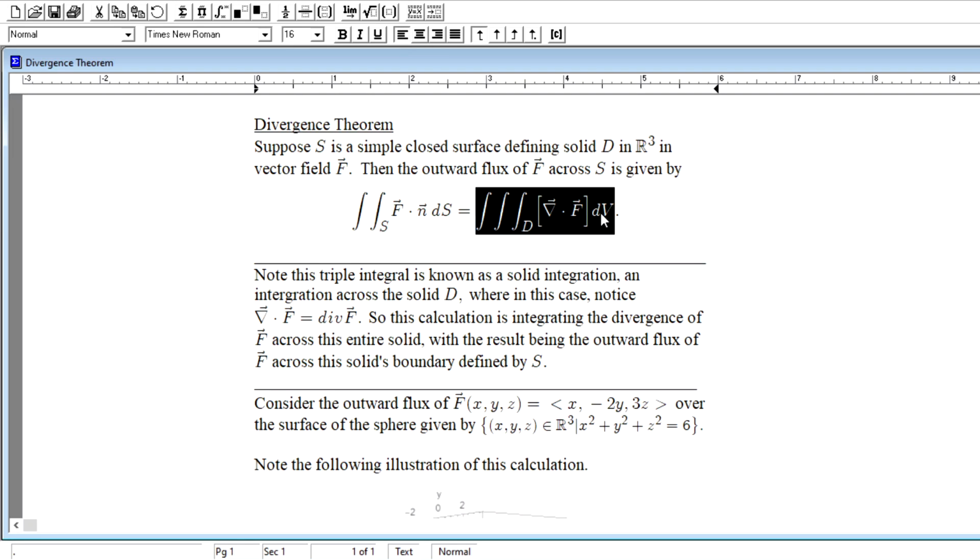The divergence of the field within a solid describes the fluctuation across the boundaries on that solid, right? That is what we see being defined out here in the divergence theorem, right?